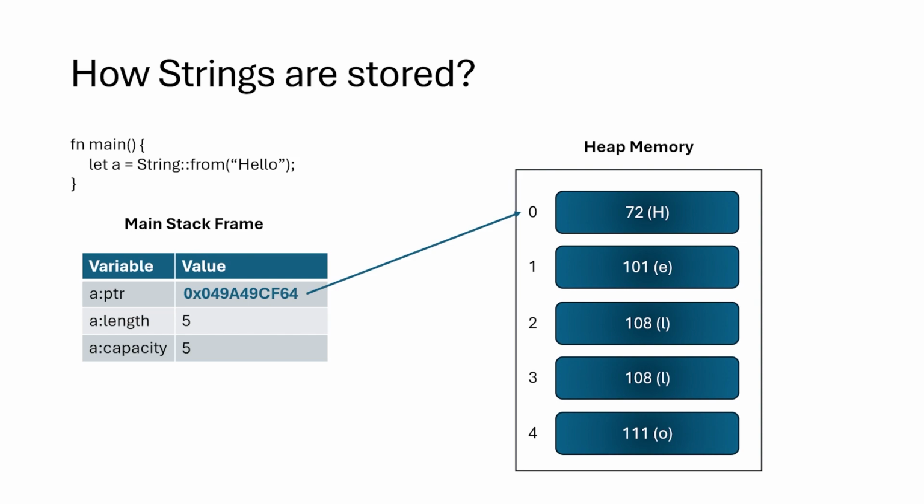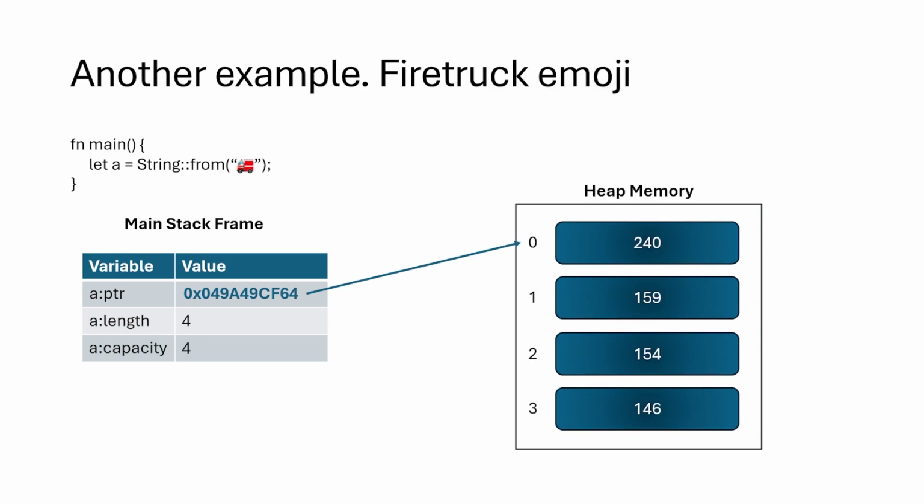Now, this is a simple ASCII example, but ASCII still is relevant with UTF-8. But what if we want to store something like an emoji, like we mentioned before, right? That looks like it's one individual character, but instead, what Rust does is it stores it as 4 different elements with byte codes in them.